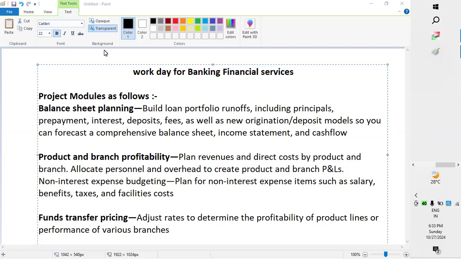At the same time, Workday can also be used for financial services, when we want to manage financial services operations in the banking sector. So these are the two major requirements you see when we are working on Workday, either on the HR side or on the finance or banking side.